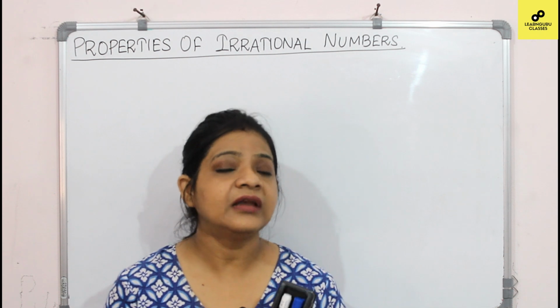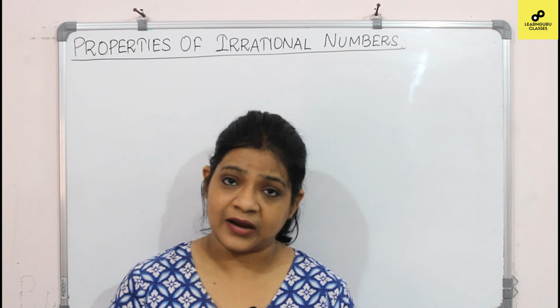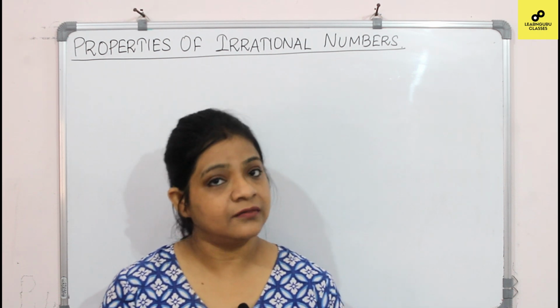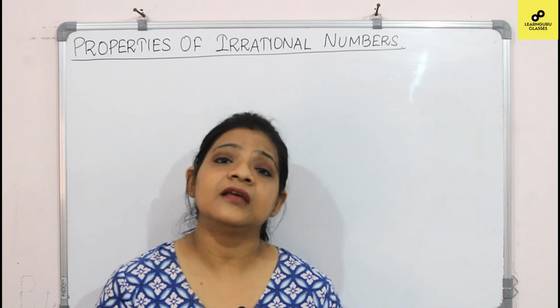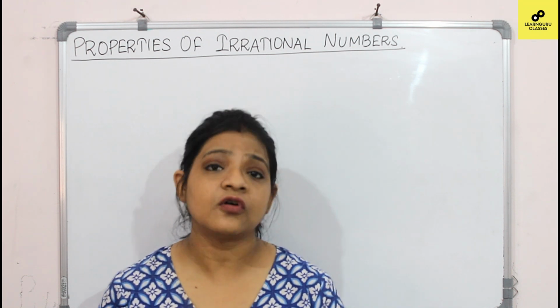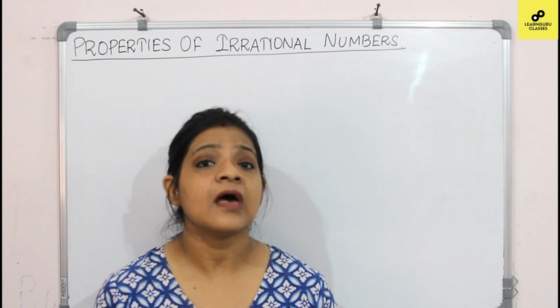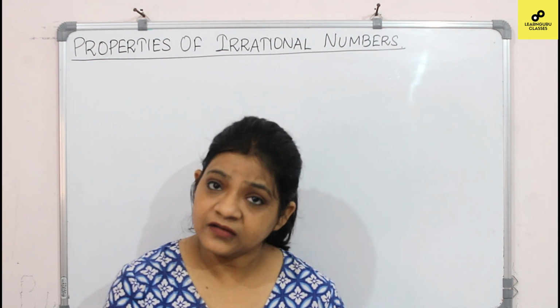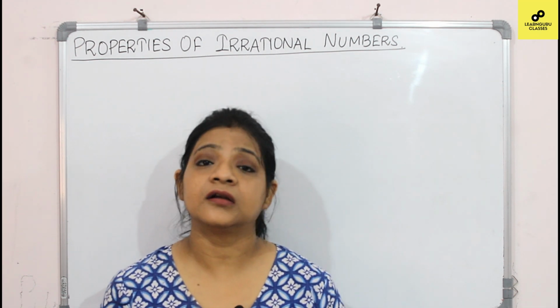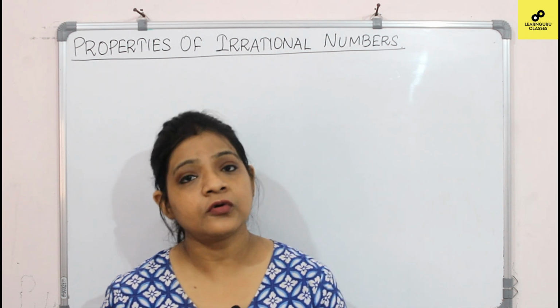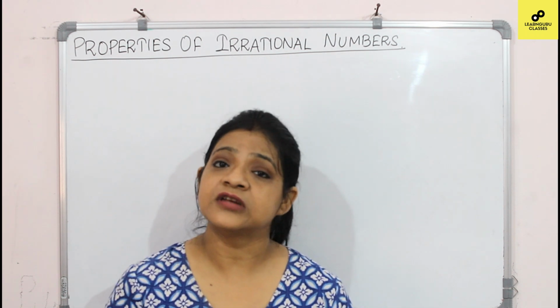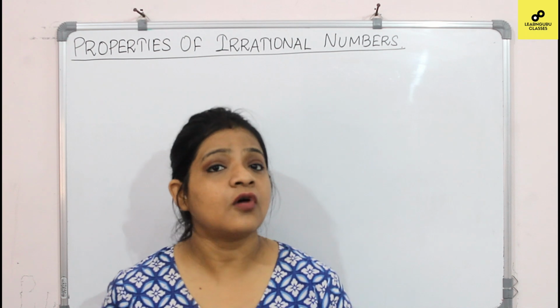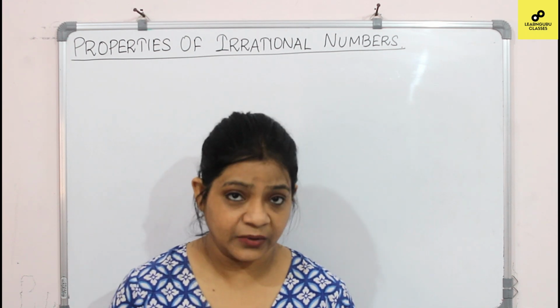Any non-terminating and non-repeating decimal expansion is an irrational number. Secondly, square roots or cube roots of numbers other than perfect squares and perfect cubes, respectively, are also recognized as irrational numbers.